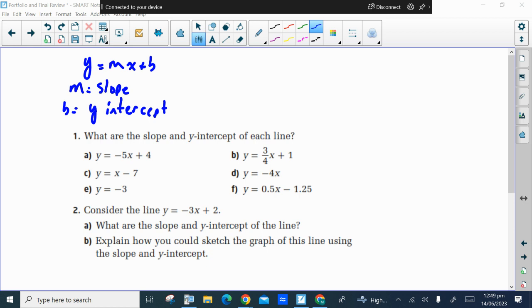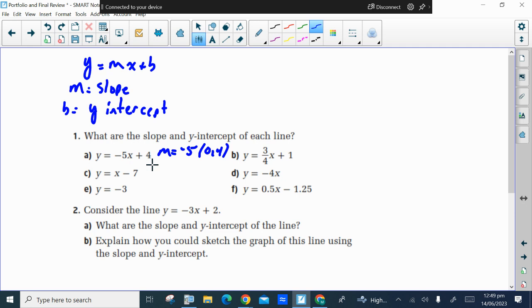Okay, so the first one is in slope-intercept form because you have positive y by itself on one side, everything else on the other. M, the slope, is the number in front of x, which is -5. Our y-intercept would be at 0, 4, because the constant is 4.